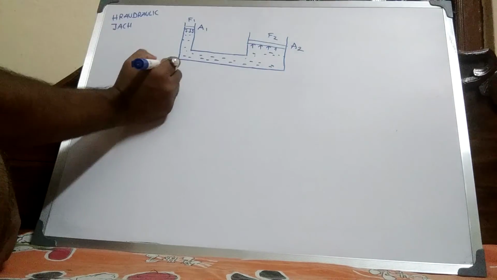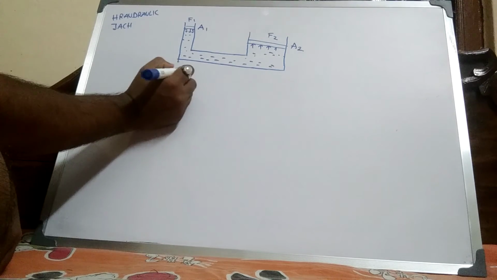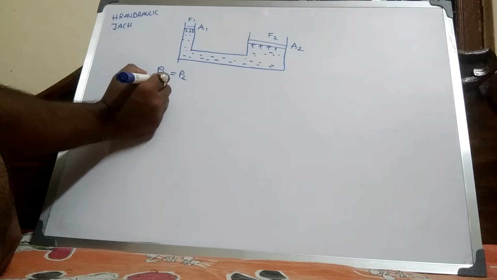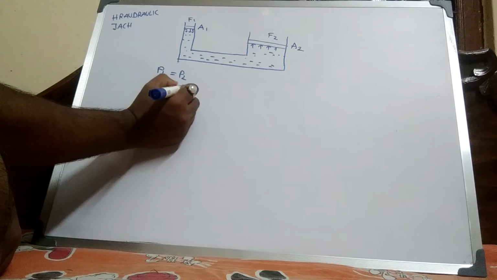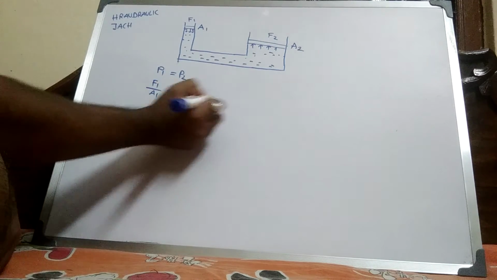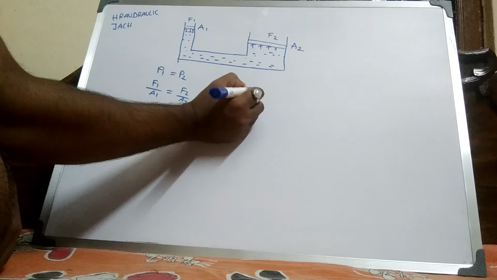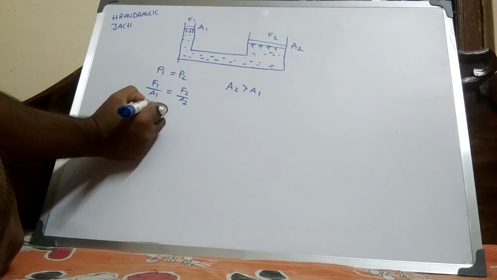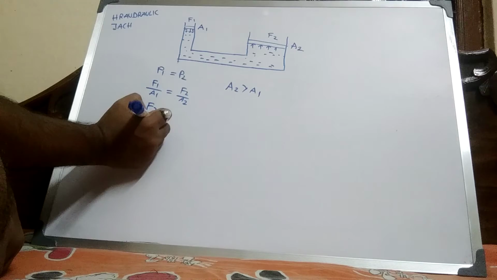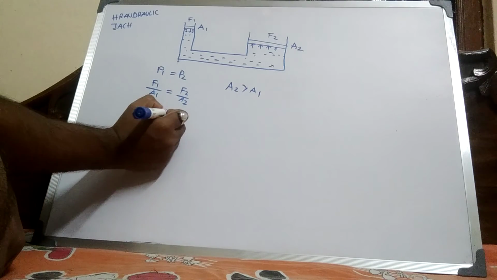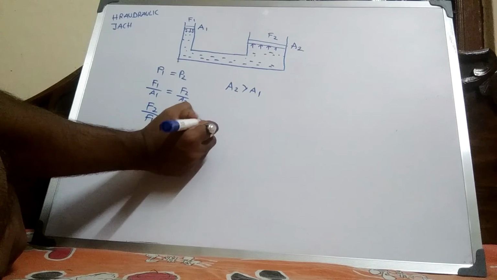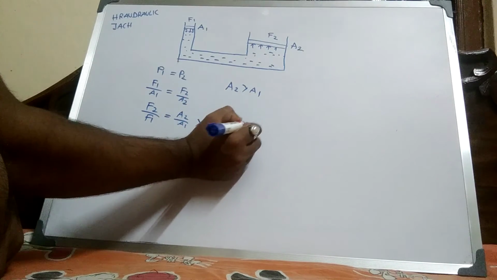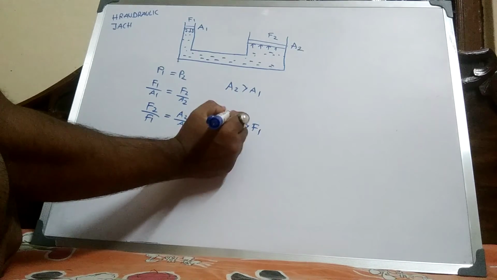From Pascal's law, P1 equals P2, so F1 by A1 equals F2 by A2. Since A2 is greater than A1, F2 by F1 equals A2 by A1, which is greater than 1, so F2 is greater than F1.